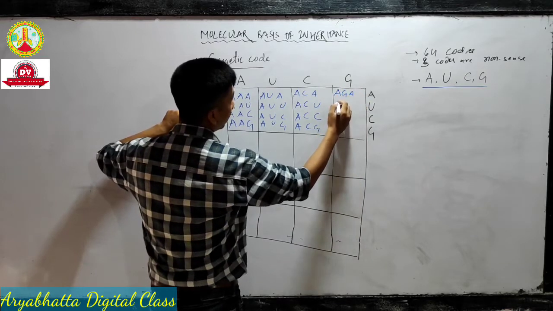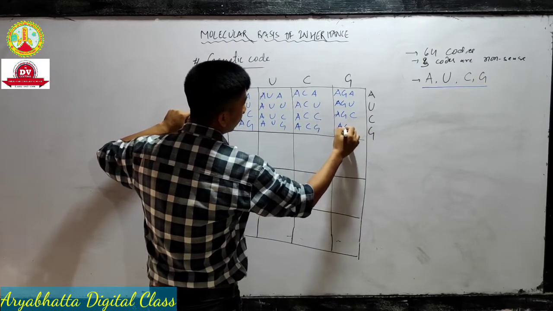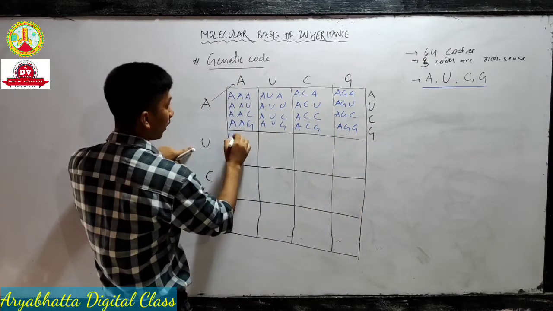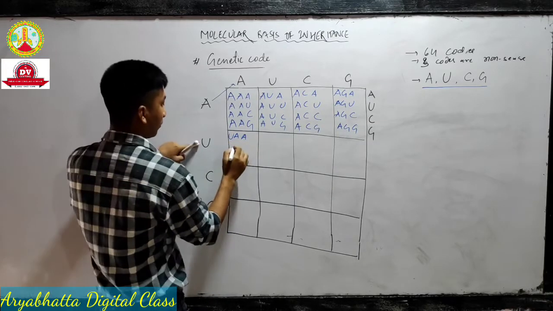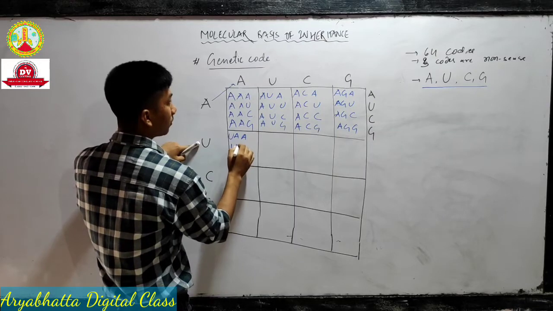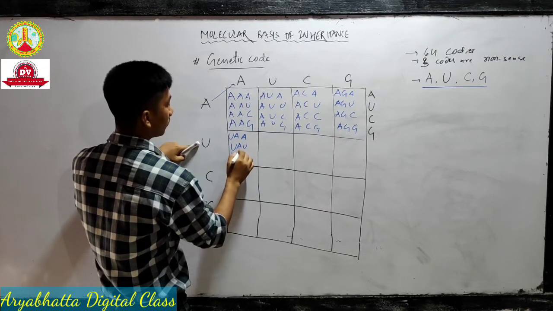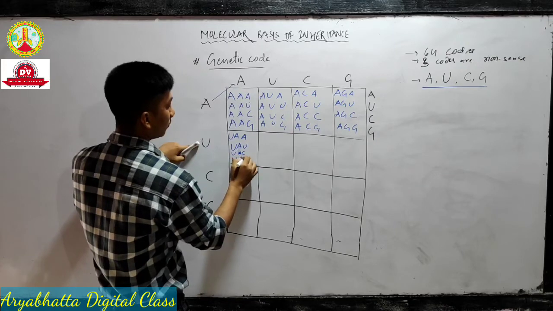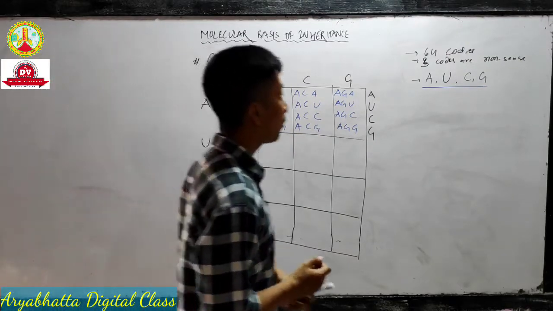I hope you are getting my point. So this is our stop codon. Like that, you will get 64 codons.